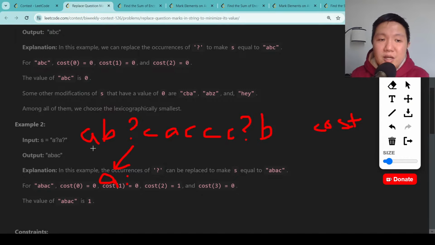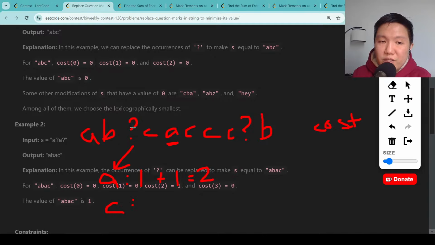Its own cost, because there's 1 A before it, will be 1. But that's not the only thing that increases. The other thing is, this A over here, its cost will also increase. So if I change this question mark to an A, I get a cost increase of 1 plus 1, which is 2.